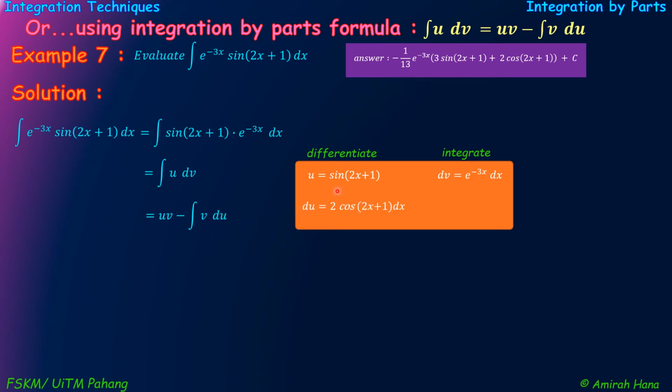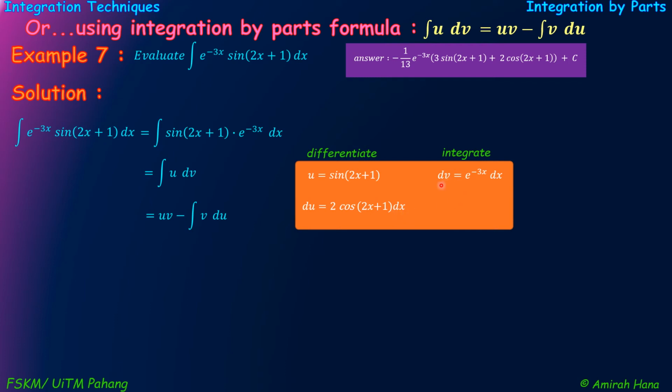So when we differentiate sine 2x plus 1, the answer is cos 2x plus 1, positive. And then we differentiate 2x plus 1, which equals 2, so we can put 2 in front here. The dx here comes from du over dx. We move dx from the left hand side to the right hand side, so we multiply by dx.